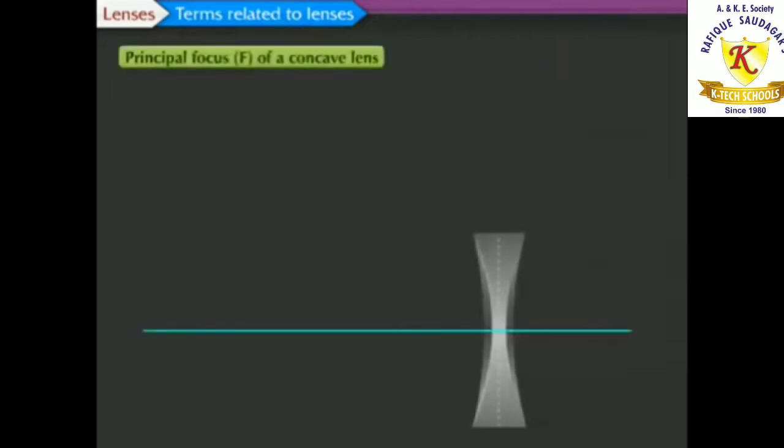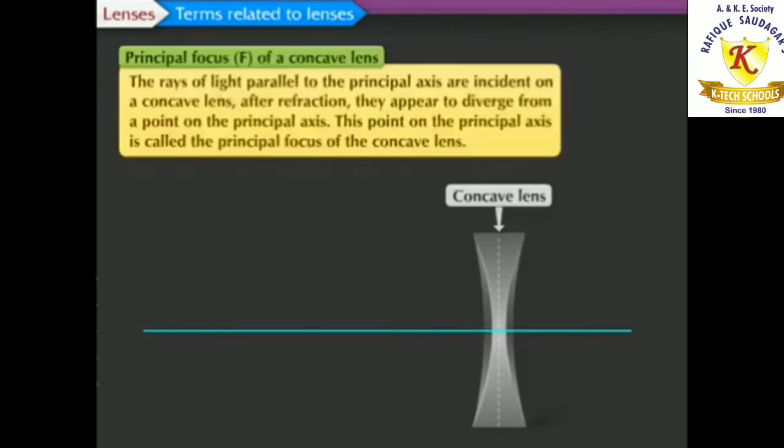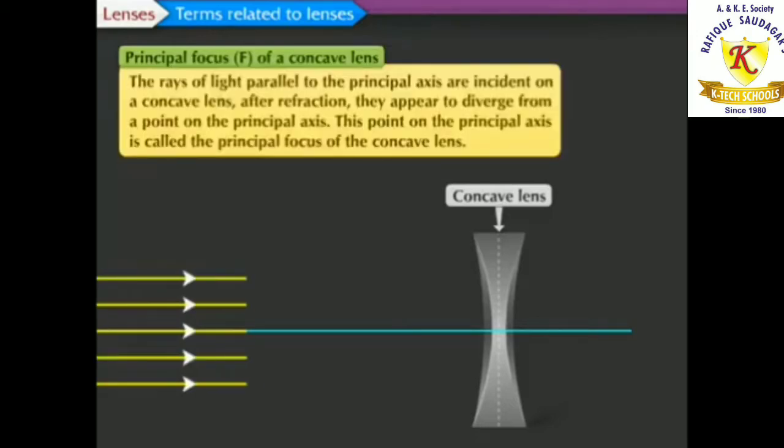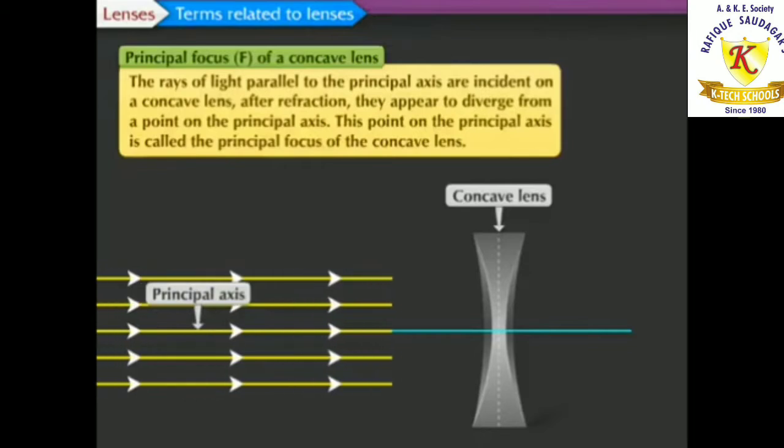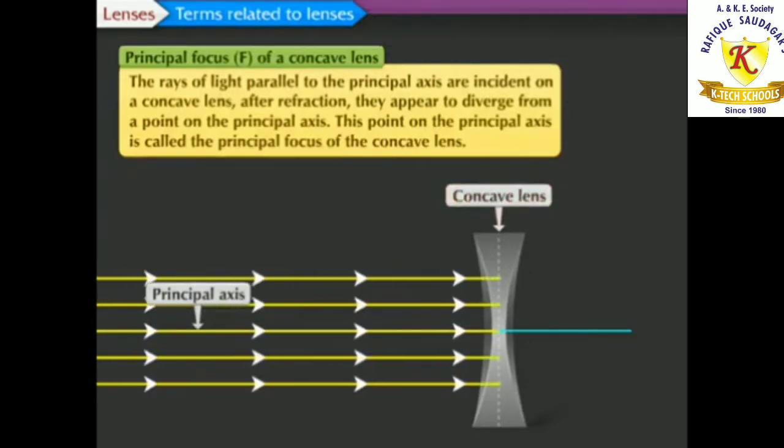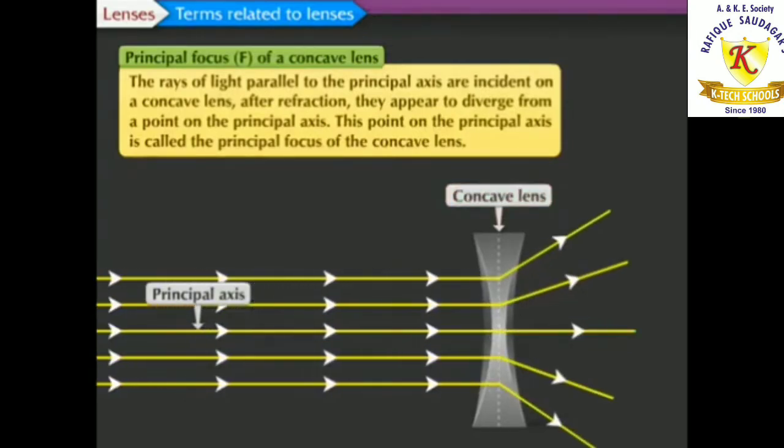Now children, light rays parallel to the principal axis are incident on a concave lens. After refraction, they appear to diverge from a point on the principal axis. This point on the principal axis is called the principal focus of the concave lens.